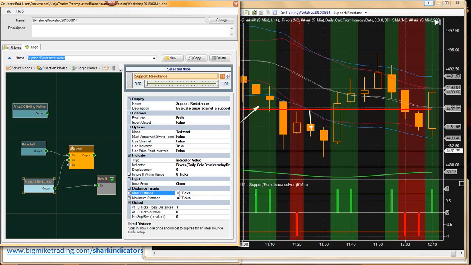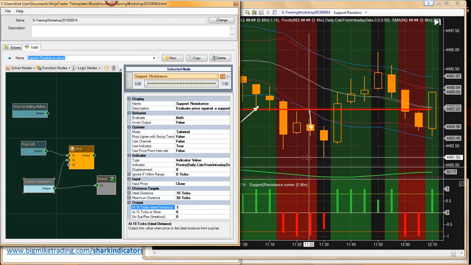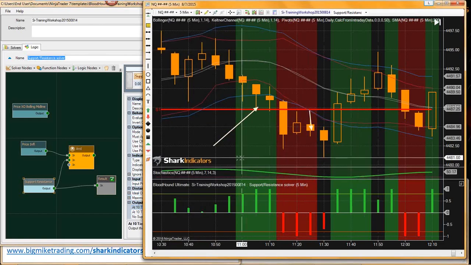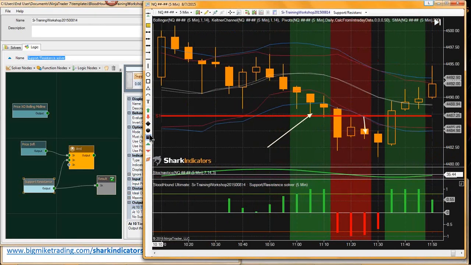So typically you'll set both values to the same size, but we can use the fuzzy logic. So if I set this to, say, 30 ticks, and yeah, here we go.